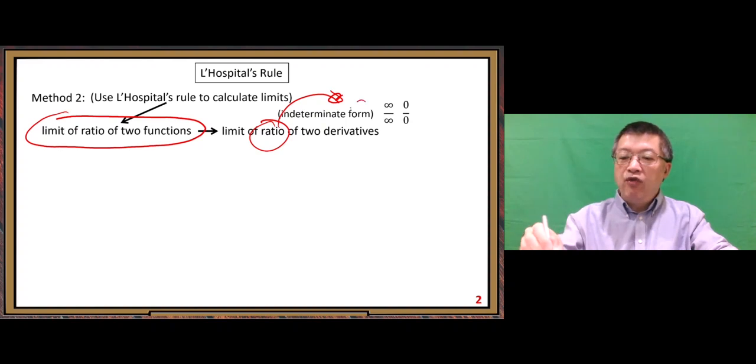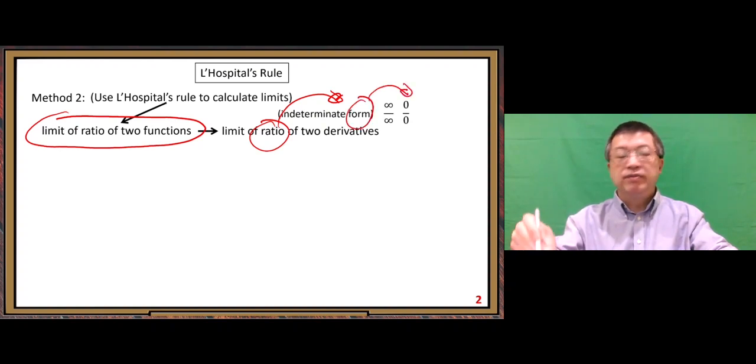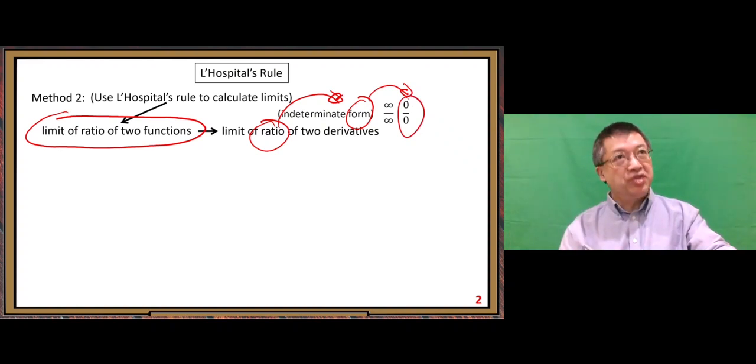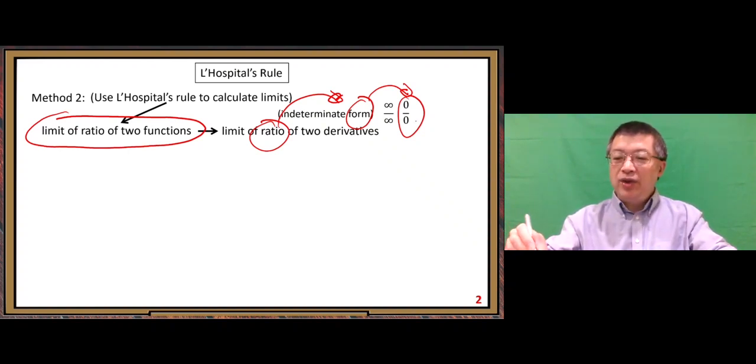Here we're talking about the form 0 over 0. It's not really that you take the ratio 0 over 0 as a number. In math, we do not allow the denominator to be 0.